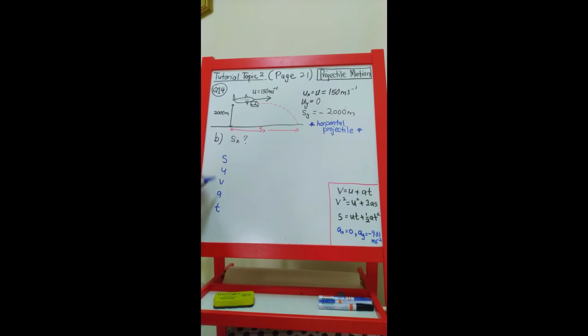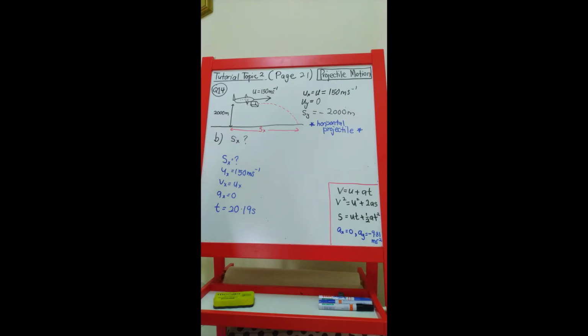So sx is what we're going to find. ux we have 150. vx will always equal ux. ax equals 0, and the time we obtain from part A. So we have this.